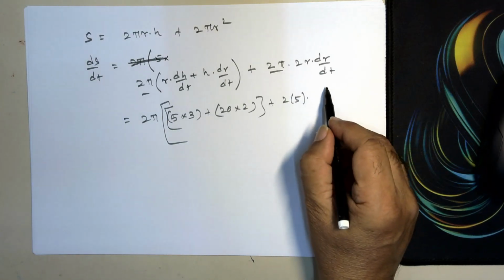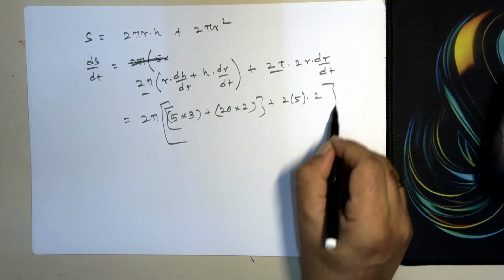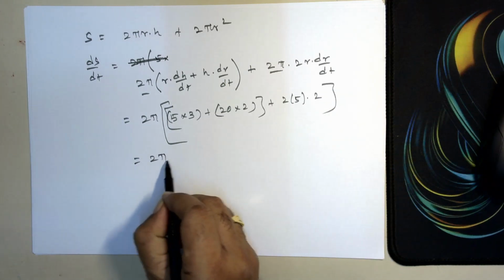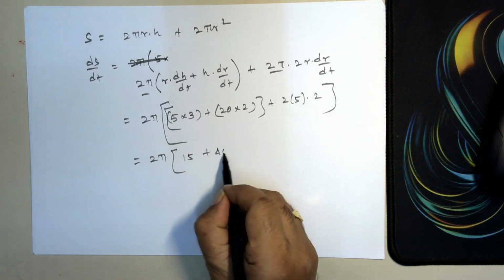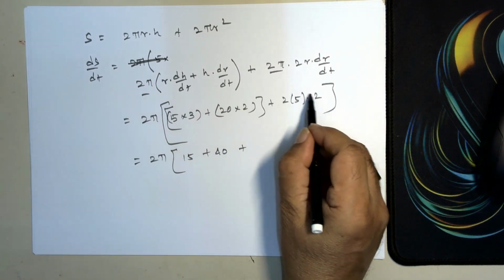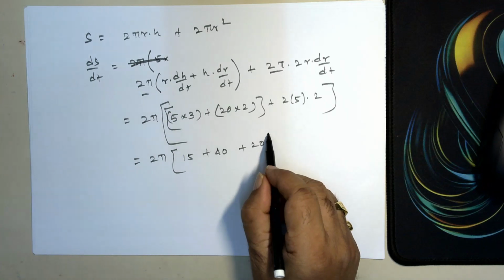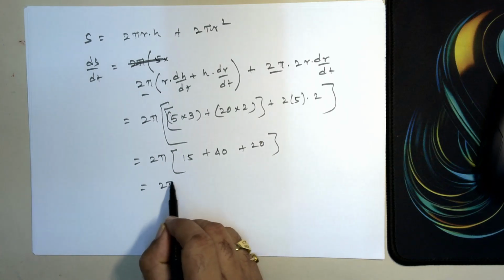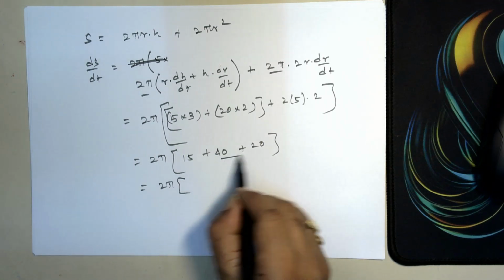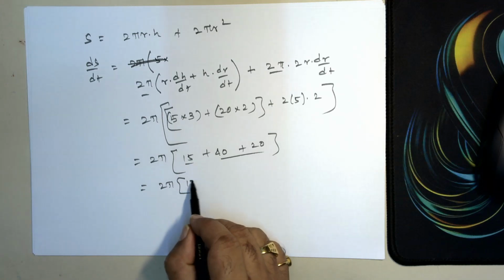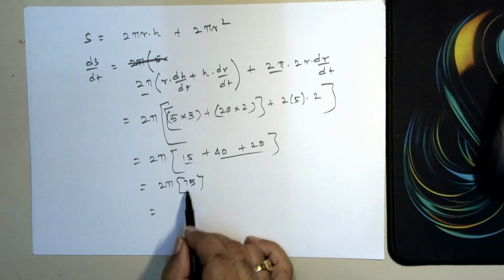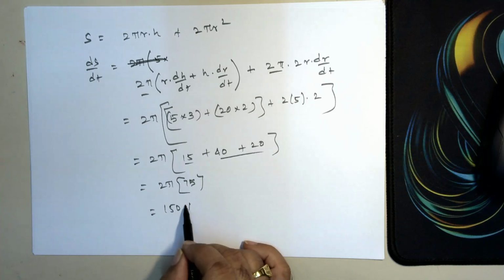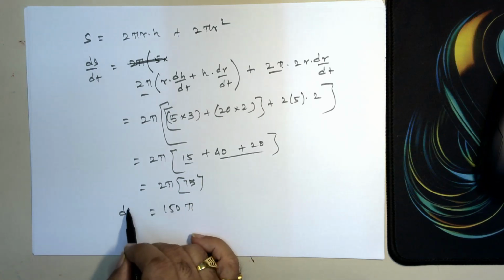And what is the dr by dt? 2. So 2 pi into 15, this one 40, this one 2 2s are 4, 20, right? So it means 2 pi into 75, that is 150 pi, and dS by dt.